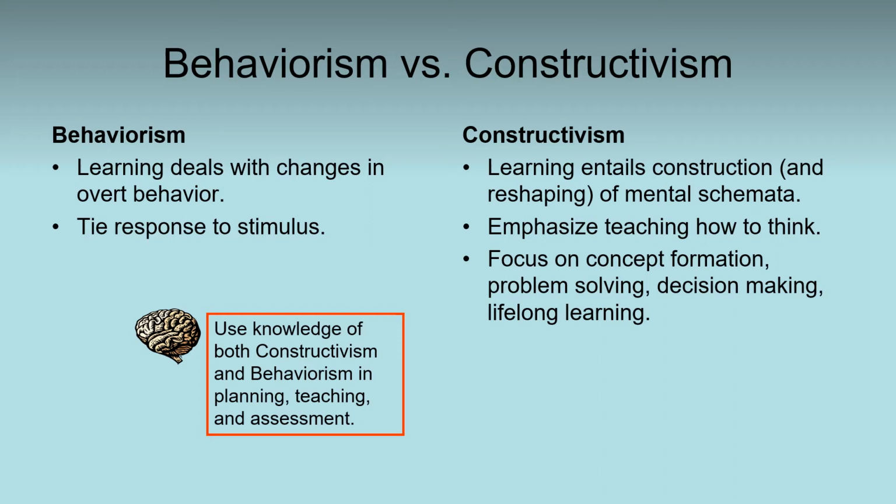So really, we're talking about and emphasizing teaching how to think, to really understand something, and to support learners constructing their knowledge. In training and effective instruction, we should really use knowledge of both constructivism and behaviorism in planning, teaching, and assessment.